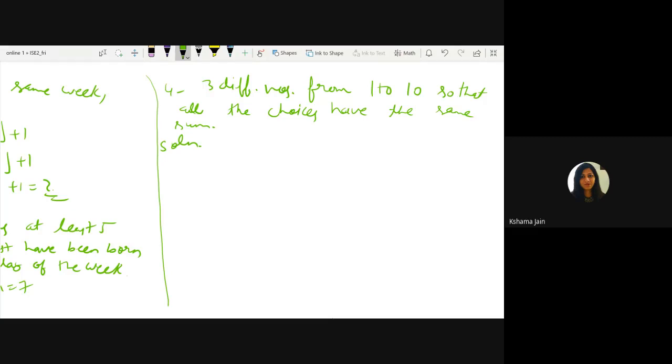So first we need to find out the total possible number of ways of choosing 3 numbers from 1 to 10. Tell me, out of 10 numbers, I want to pick any 3 numbers. What will be the formula? All of you know this.